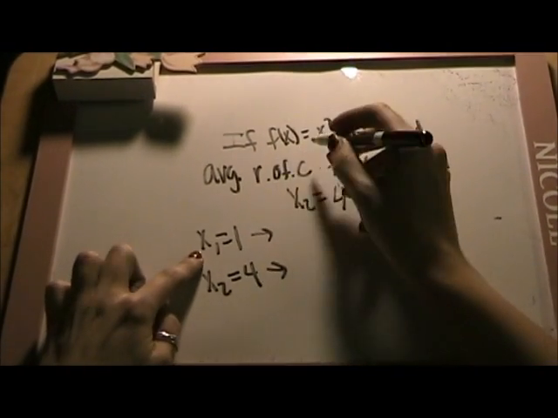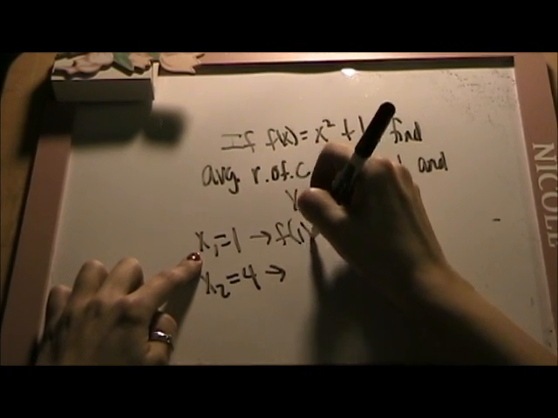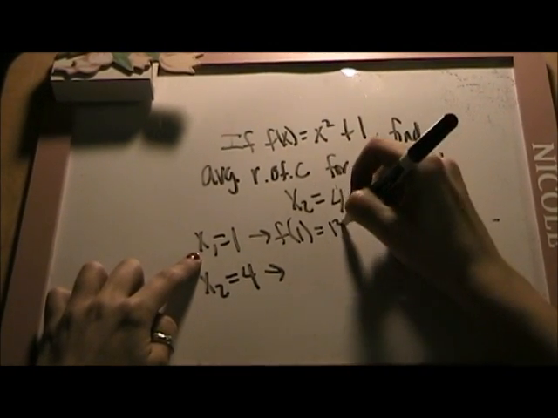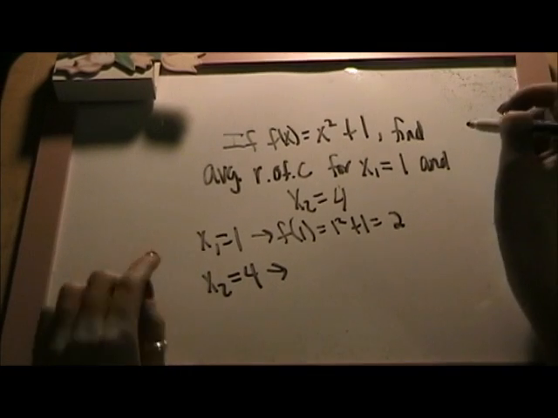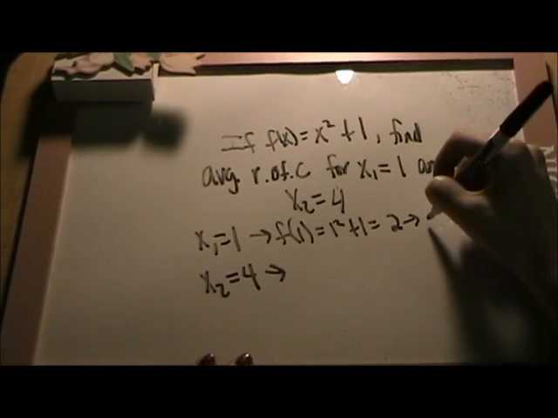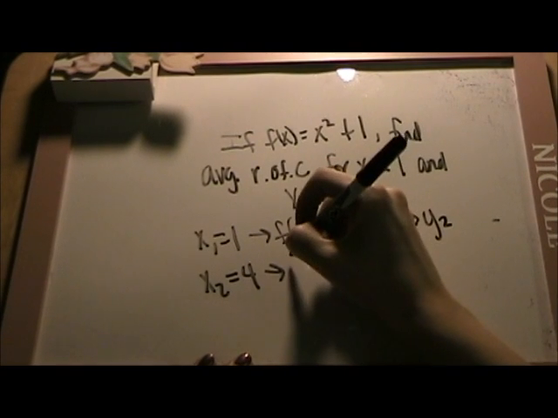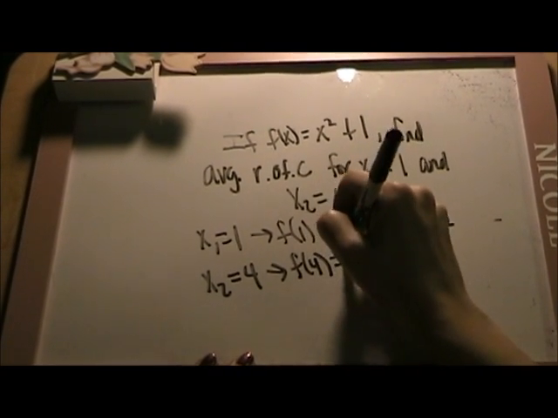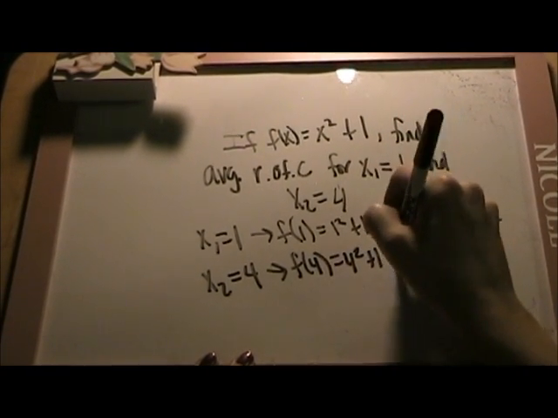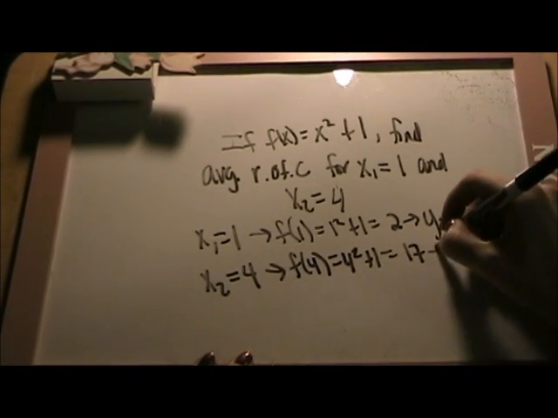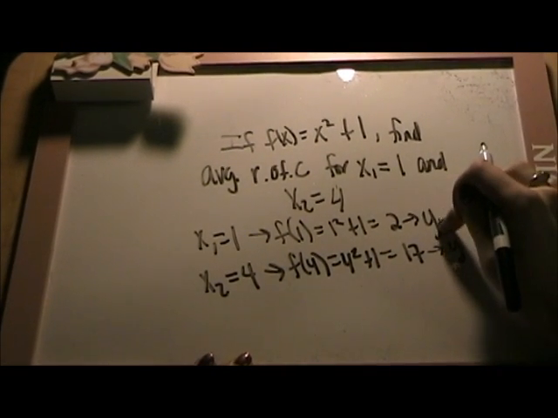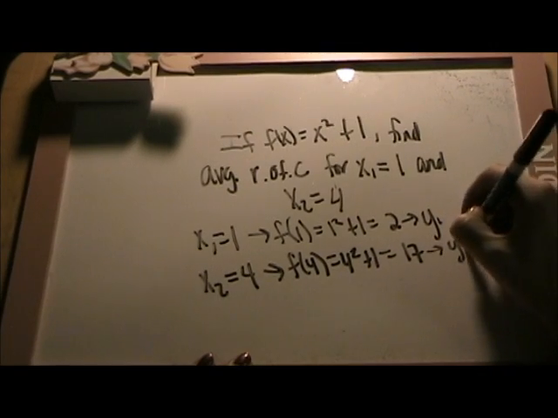Well, if x equals 1, f of 1 is going to equal 1 squared plus 1, which is 2. That's going to represent our y1. If x2 equals 4, then f of 4 is going to be 4 squared plus 1, which is 17. That'll be our y2.